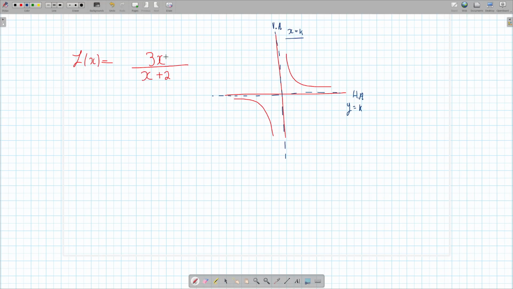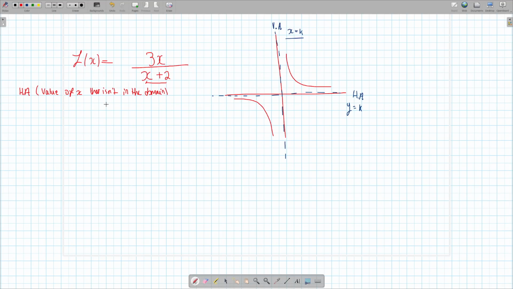Okay? So here, let's say you're required to find the vertical asymptote. In other words, the vertical asymptote is the value of x that is not in the domain. Right? Domain, by the way, is the set of numbers you can use.